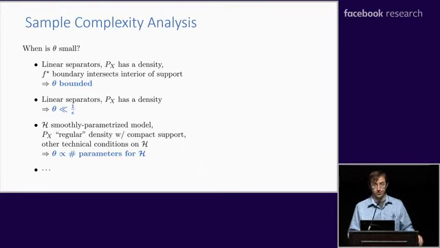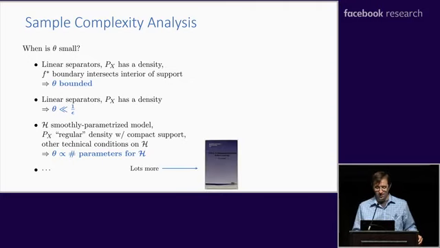I'll refer you to the original work for all of the technical conditions. And I'll just mention there are lots more examples and general conditions explored in that monograph from 2014. Okay.